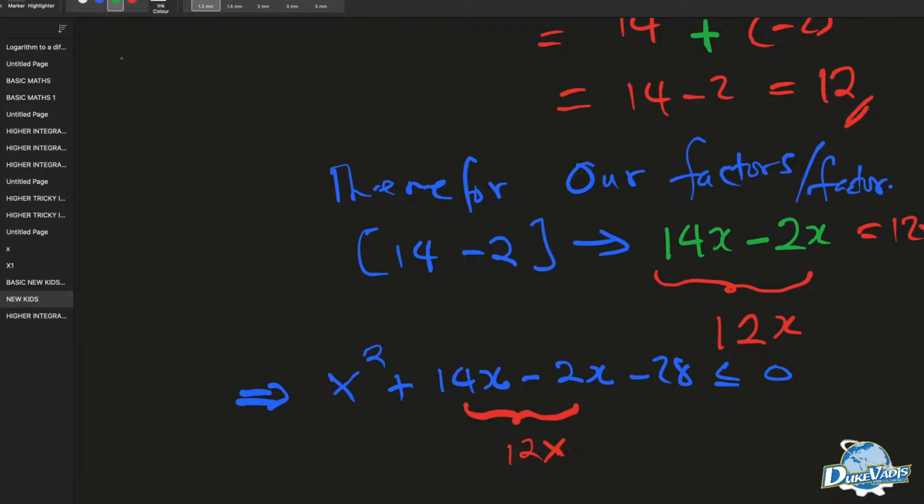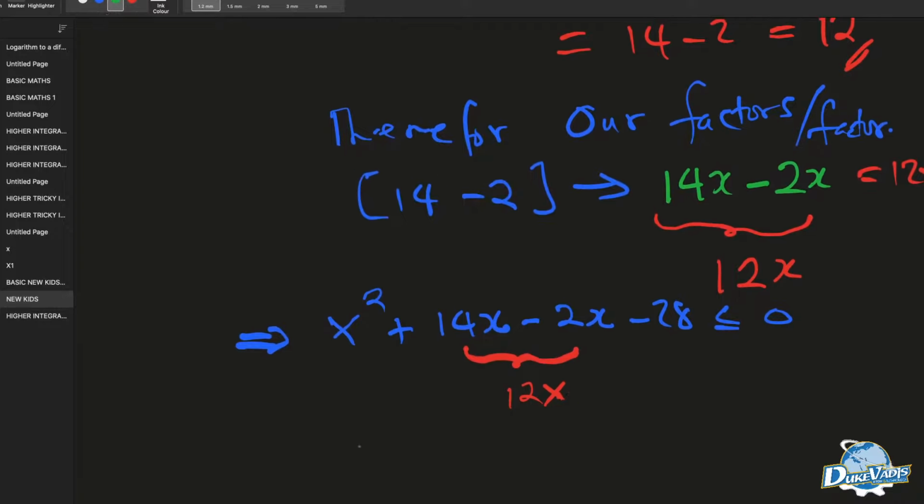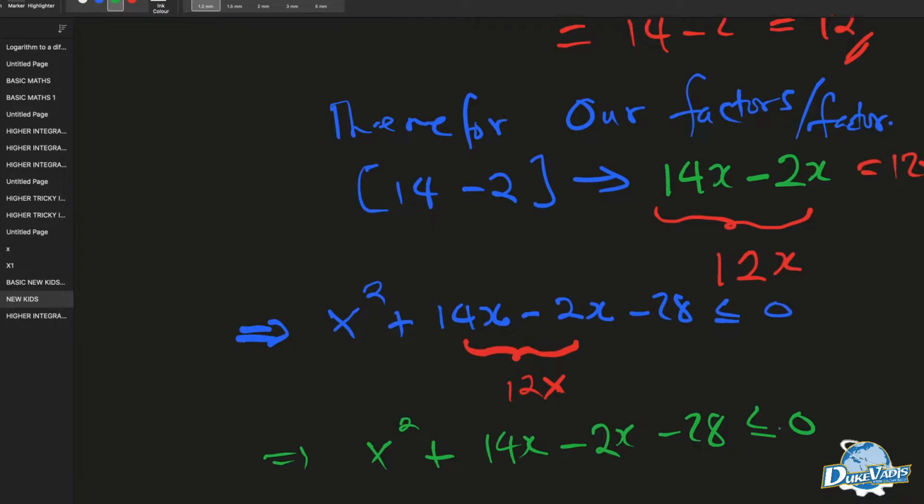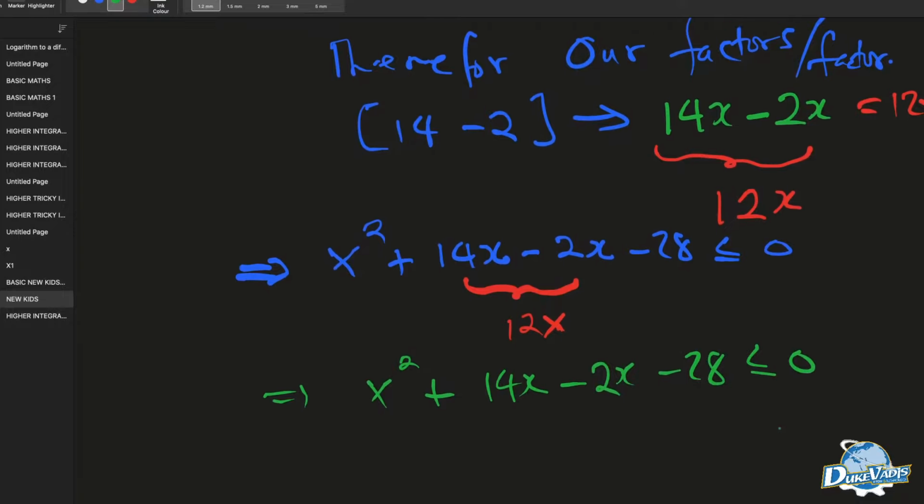So now, as we continue, we have x squared plus 14x minus 2x minus 28. Friends, the next step is what we call factorization.